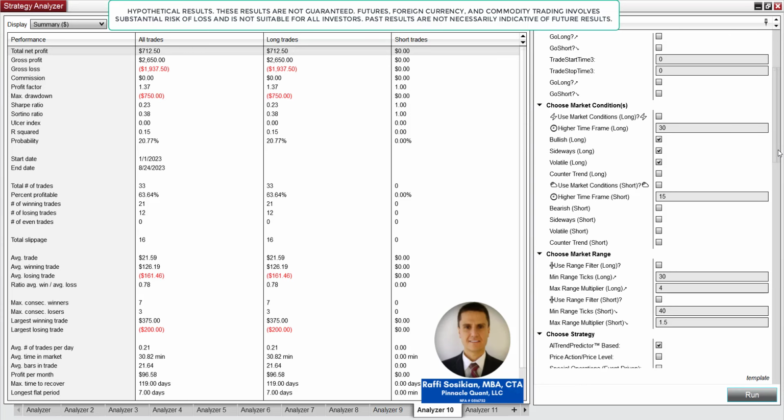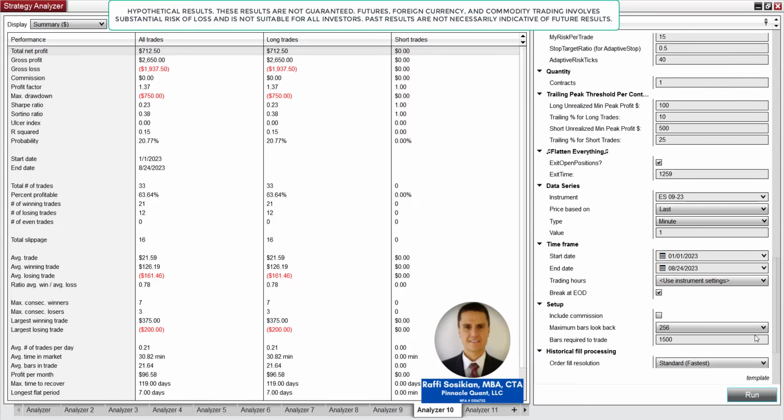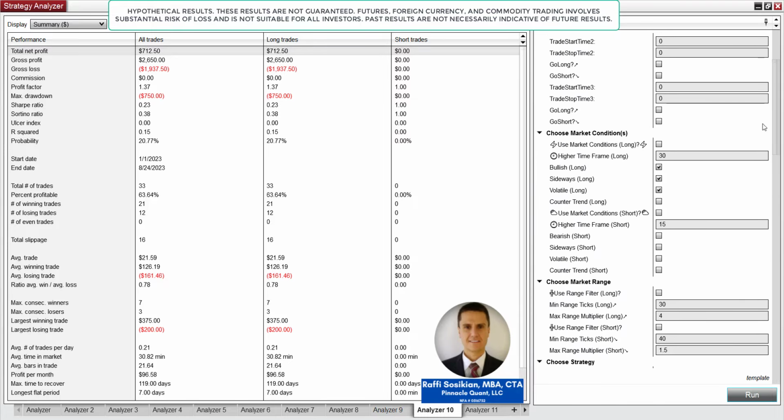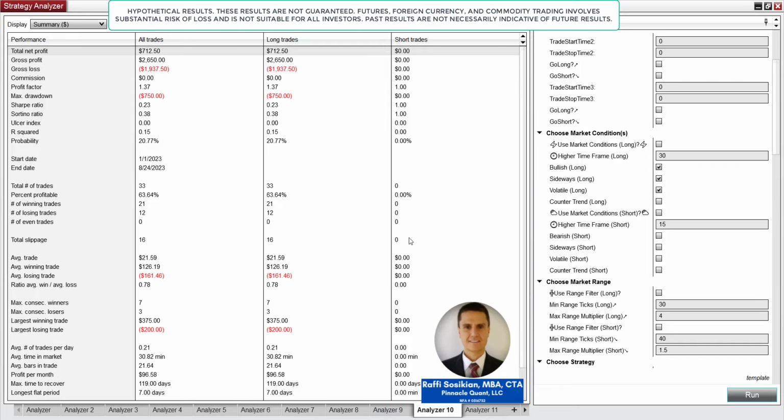All of the parameters are exactly the same, with the exception of use market conditions. It's now not selected. In the previous back test, it was selected. And so in this hypothetical back test, you see the difference. Okay? So you had less trades, and in my opinion, you had better quality trades. You filtered out, in essence, the bad trades. So that's why I wanted to show you this.